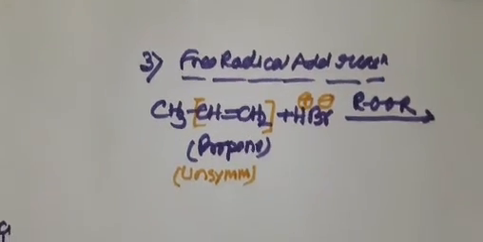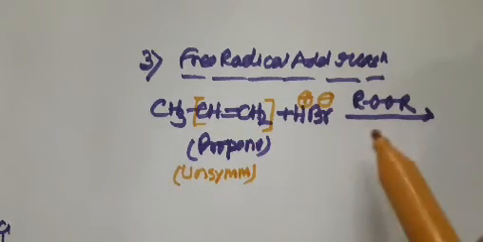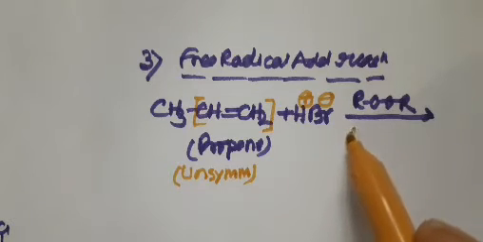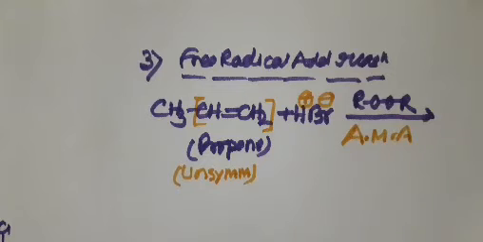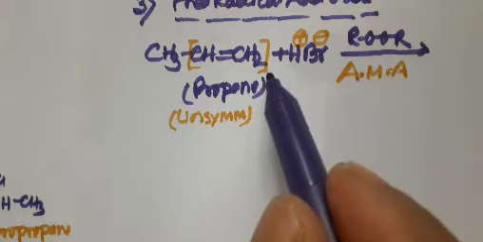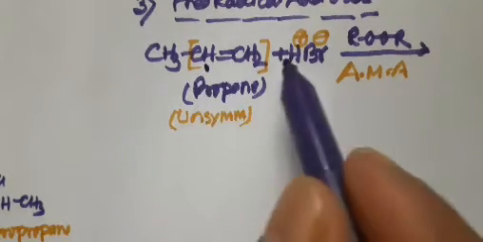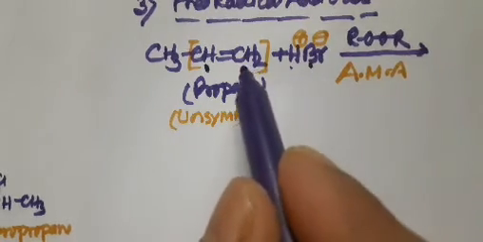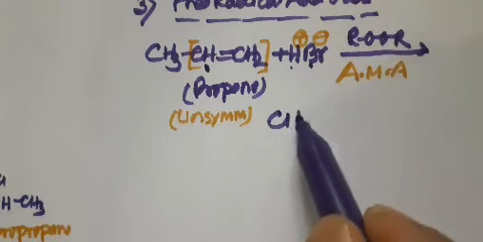And when unsymmetrical alkene interacts with HBr in presence of peroxide, reverse of Markovnikov's addition takes place. This is known as anti-Markovnikov's addition, which means the positive part of the reagent is added to that side of the double bonded carbon atom which bears the minimum number of hydrogen atoms, and the negative part is attached to that side which bears the maximum number of hydrogen atoms.